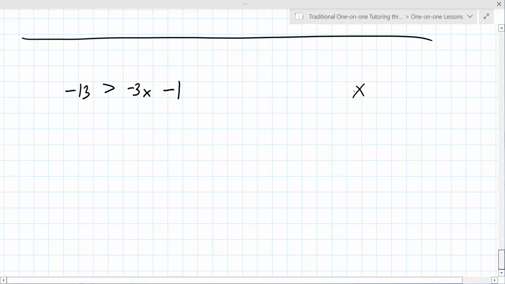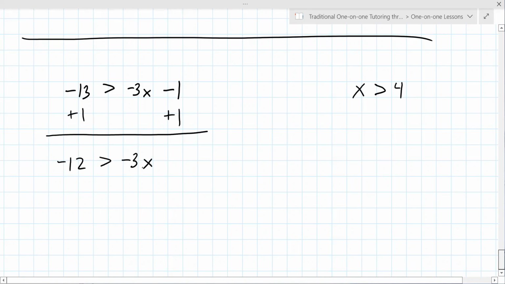X greater than 4, like this. Yes. Okay. So the first thing we're going to do is add 1 to both sides, and that gives you negative 12 greater than negative 3x. From here, you're going to divide both sides by negative 3.